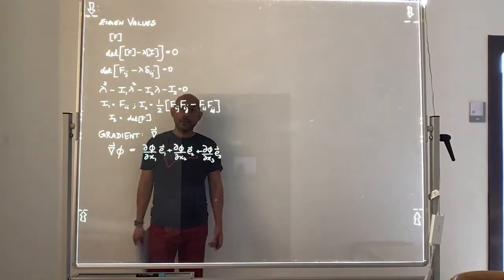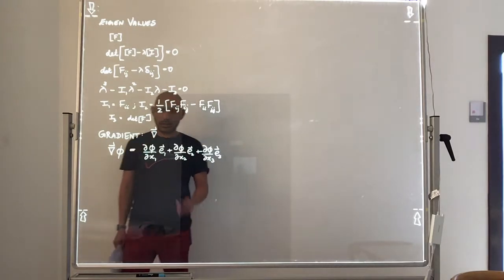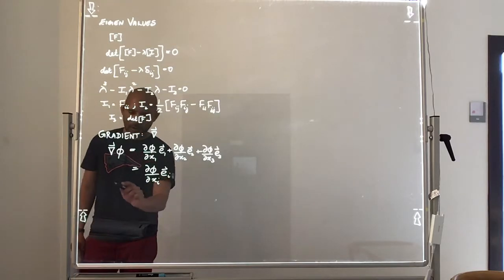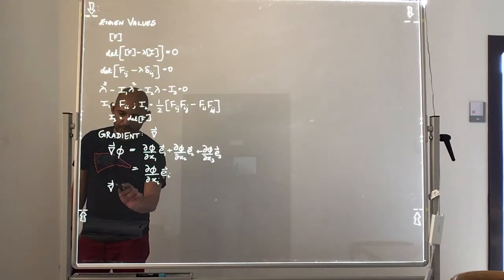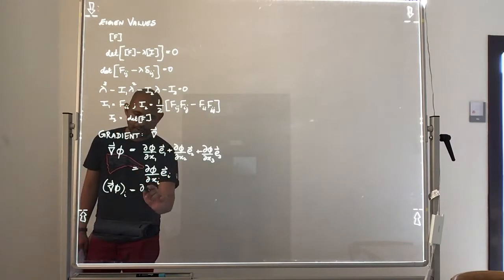Now that you're all experts in index notation, you can immediately say, look, Harsha, we can write this as ei, or the ith component of the gradient of phi is just d phi by dxi.